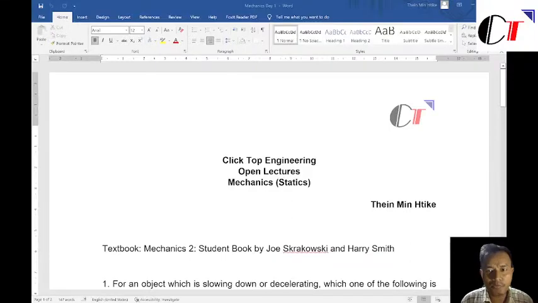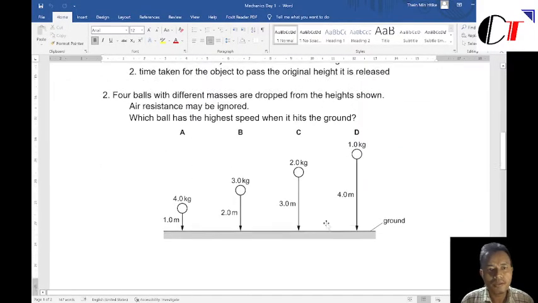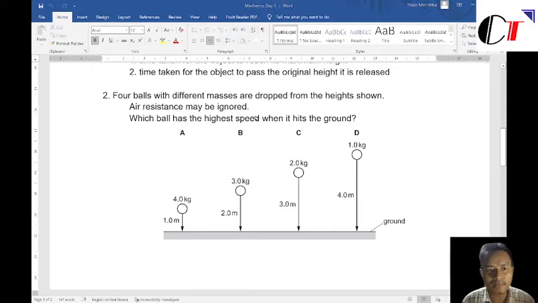Alright, so now if you understand this, let's check your understanding with a small quiz. There are four balls with different masses and they are dropped from the heights shown in the figure. Air resistance can be neglected, and of course this means your object can be modeled as a free falling object. The question is which ball has the highest speed when it hits the ground?